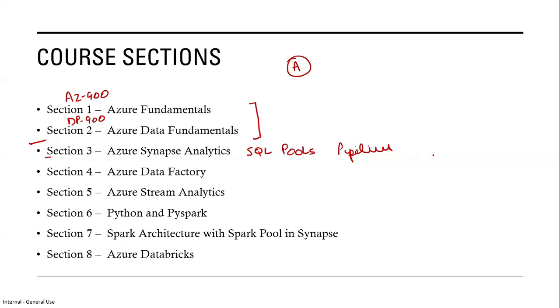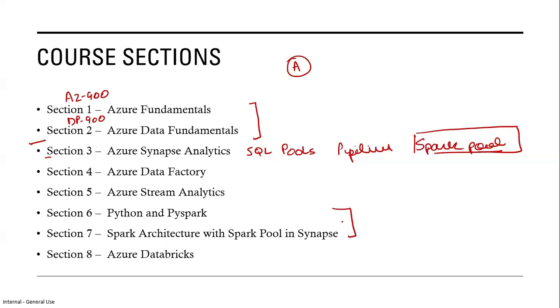And then there is another section over here called Spark Pool, right? So this talks about the Apache Spark Pool where you can run your Spark workloads. All right. So this is something that we'll not cover in the beginning because I want to cover first of all Python and PySpark with you and then the Spark architecture towards the end itself, right?